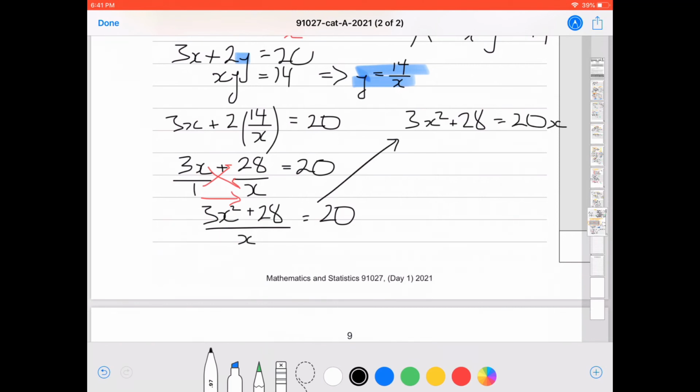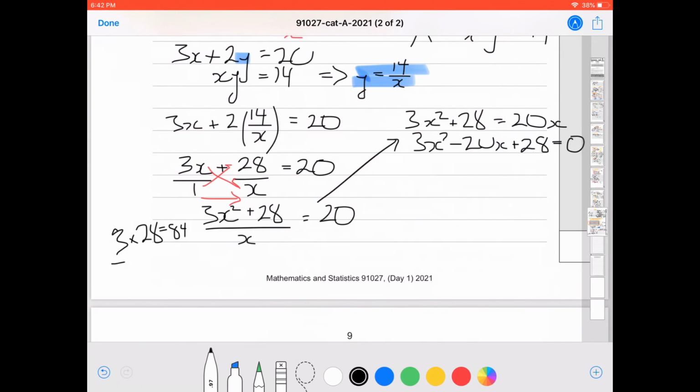And now we can see a quadratic here, so 3x squared, bringing everything to one side, minus 20x plus 28, and that equals 0. Okay, we multiply a and c. So it is, let's just do it over here, 3 times 28. Now that is a difficult calculation. 3 times 20 is 60, 3 times 8 is 24, so it is 84.